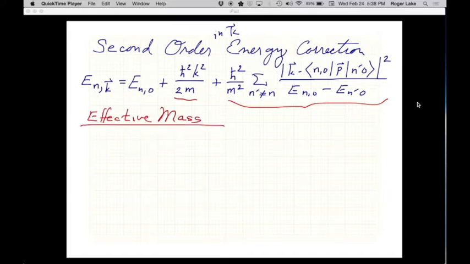So we do it the usual way. 1 over m star, I mean, this is actually a tensor, but I'm just going to look at the diagonal elements. Let me just choose x so it's not so abstract looking. So m star in the x direction.